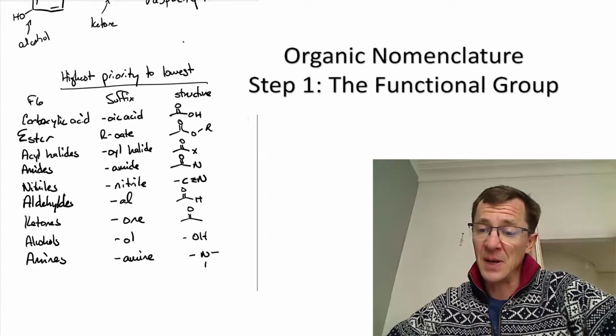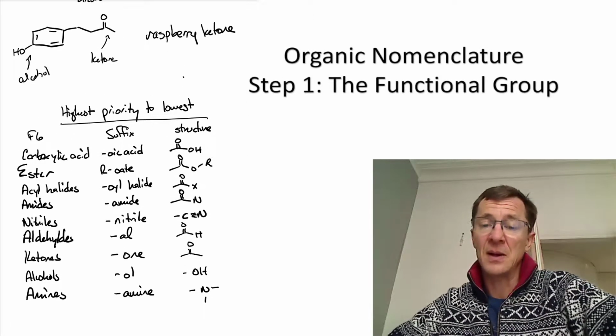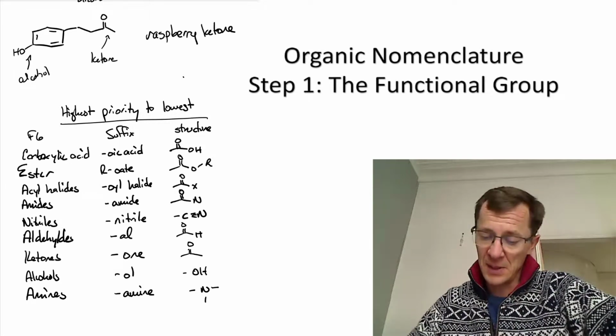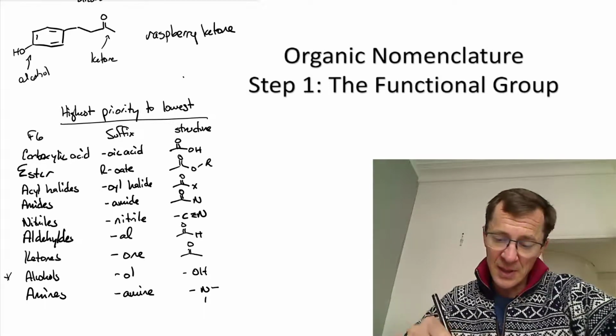If we're to keep that in mind now, and we look at our raspberry ketone, we can see our two functional groups in here are both on this chart. There is an alcohol, and there is a ketone.